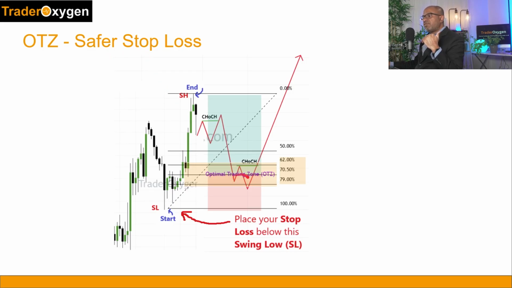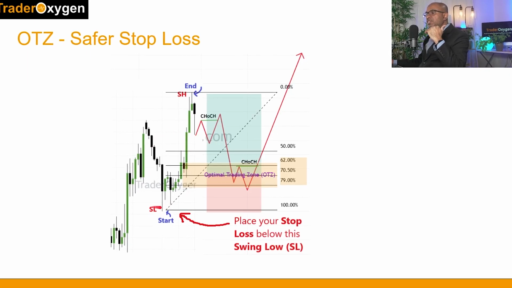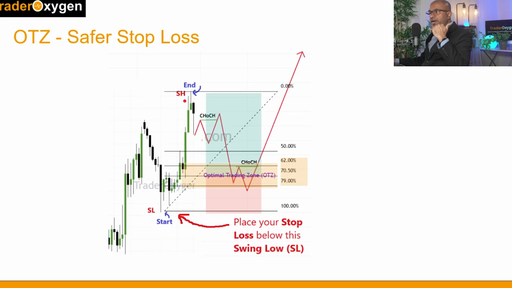When you place a trade in the optimal trading zone area, you will put your stop loss below this swing low. That is because when you have an impulsive price move up with strong displacement, breaking this swing high, and the price is in an uptrend, the theory is the price should not go below this swing low which made this impulsive price move.